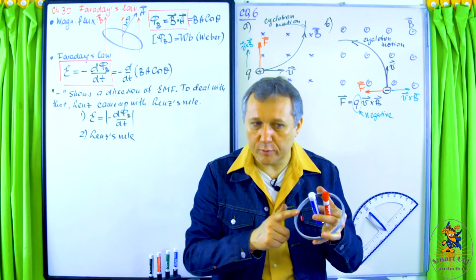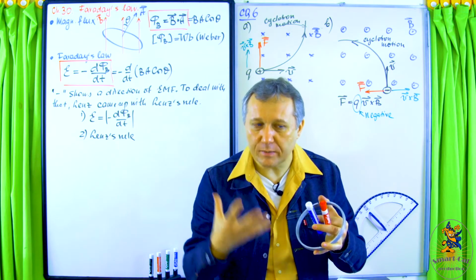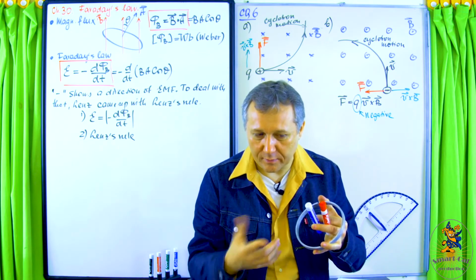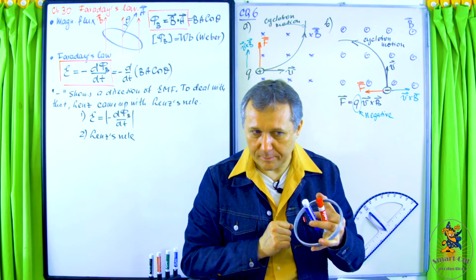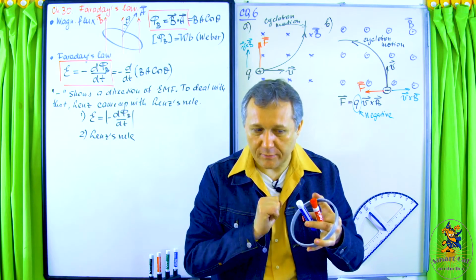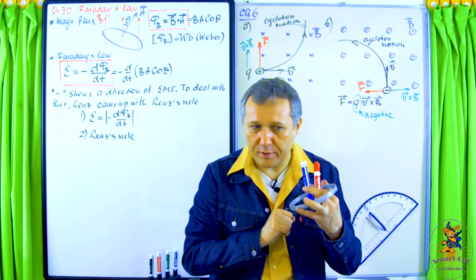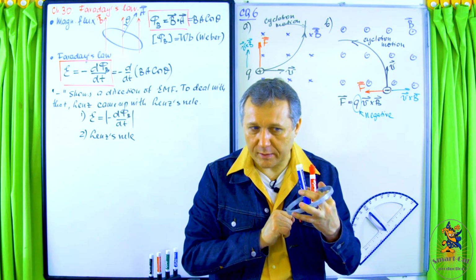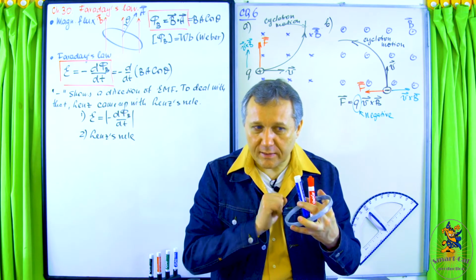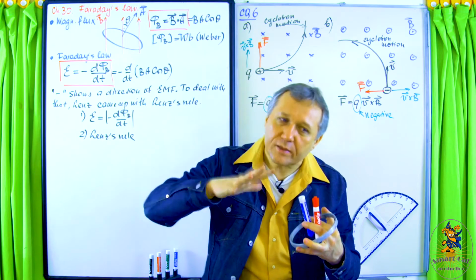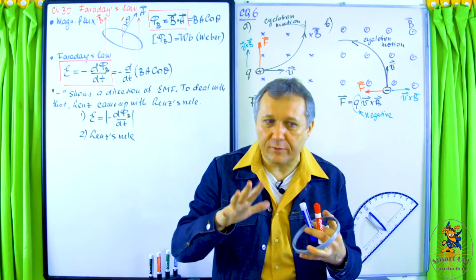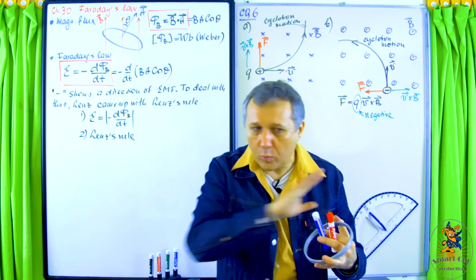This current flowing through the loop, of course, must produce the magnetic field, the induced magnetic field. And that induced magnetic field must be in the opposite direction to the direction of the external magnetic field. And in this case, the growing flux will be somewhat suppressed. It doesn't mean that the flux will be suppressed completely. No way.